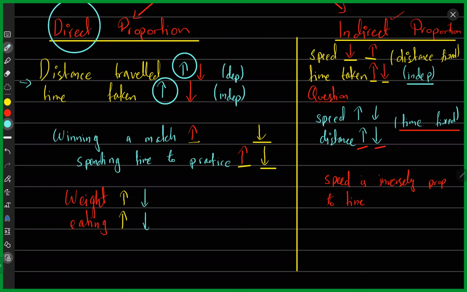Usually for independent quantities we use x, and for the dependent quantity we use y. You will get to know this in the coming examples, but otherwise the idea behind direct and indirect proportion should be clear. Let's talk about one question and then I'll explain how we solve such questions.